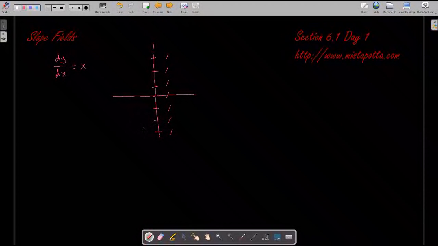If x is negative 1, then my slope is negative 1. If x is 2, then I'm going to have quite a bit steeper lines than the ones I've already drawn. And if x is negative 2, then my lines are going to have a steep negative slope.